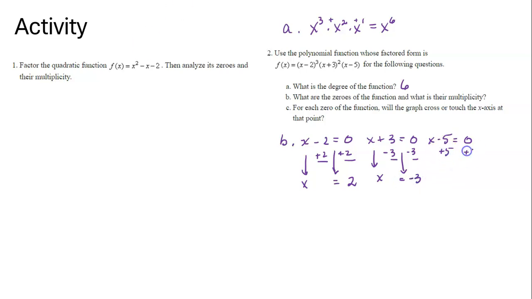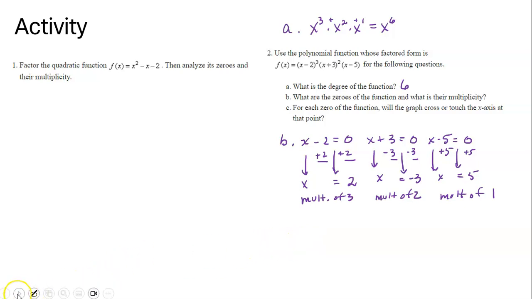Solve here. Okay, so these are the zeros. The multiplicity is going to be the exponent. So the root that x equals 2 has a multiplicity of 3 because that's cubed. The root that x equals -3 has a multiplicity of 2 because it's squared. And then this last one is just x, so it has a multiplicity of 1.